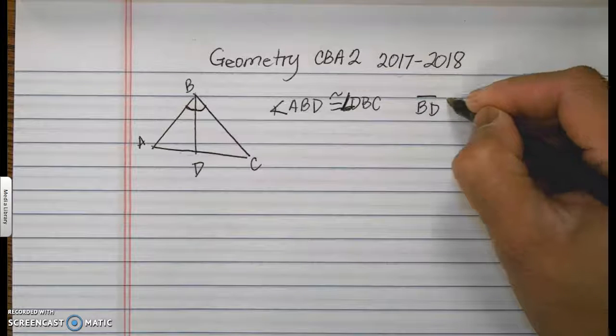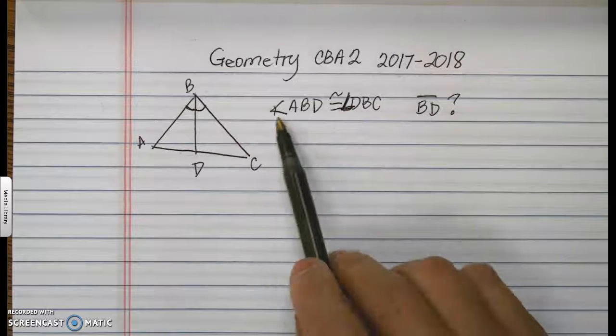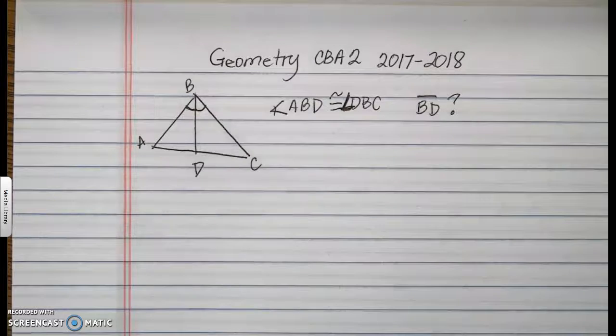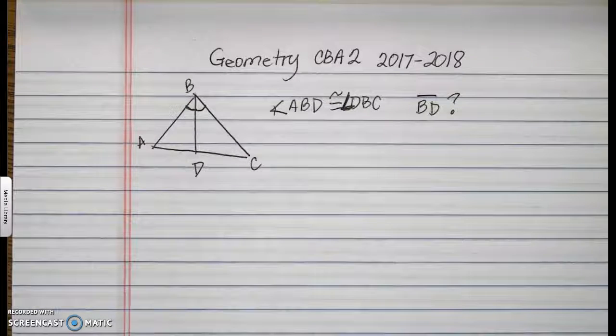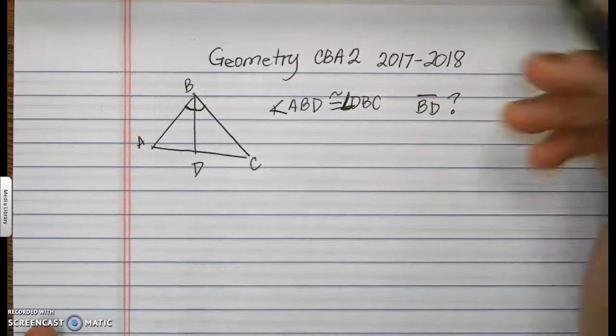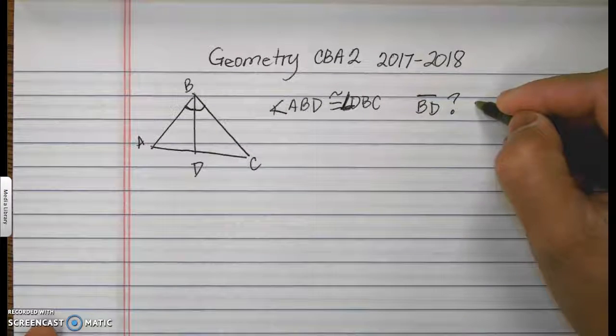So what is BD if angle ABD is congruent to angle DBC? Okay, very good. BD is an angle bisector.